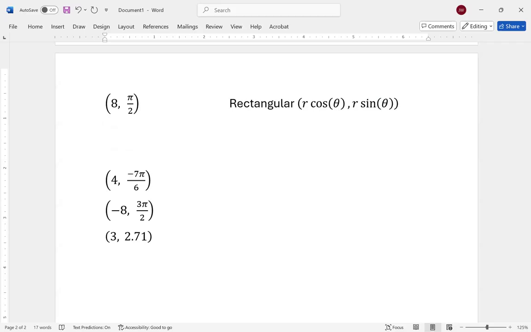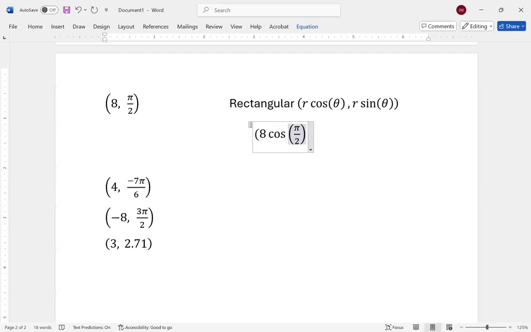So in this first case, that is going to be 8 multiplied times the cosine of pi over 2 for the x value. For the y value, we get 8 times sine of pi over 2.